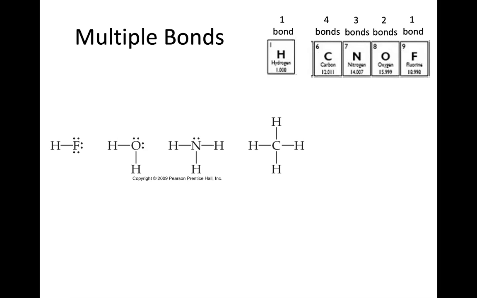Fluorine typically is 1 bond, oxygen 2, nitrogen 3, carbon 4, and hydrogen's back to being just 1. So within this one, just by knowing the number of bonds that they typically form, we can use that information to see how they fit together to form these molecules.